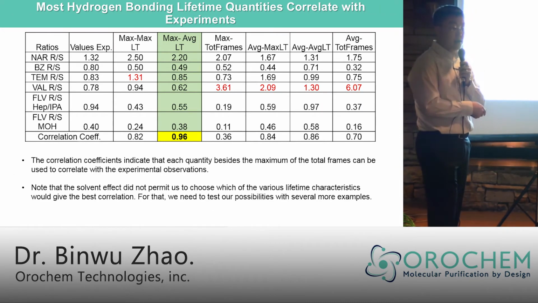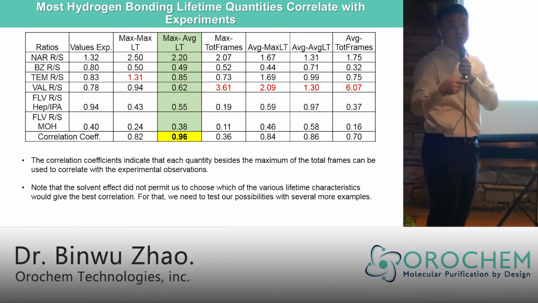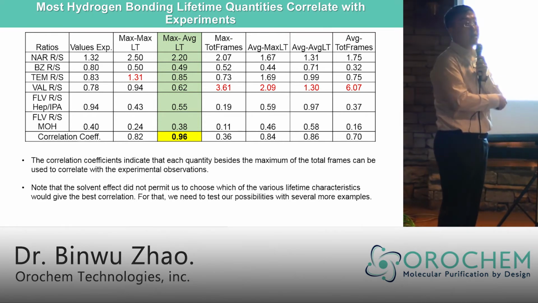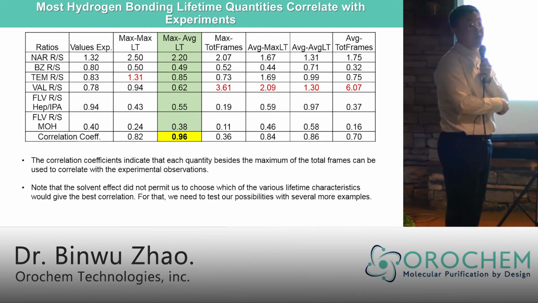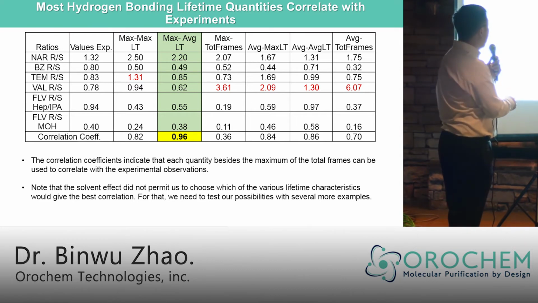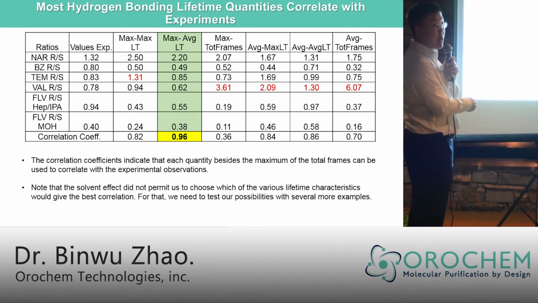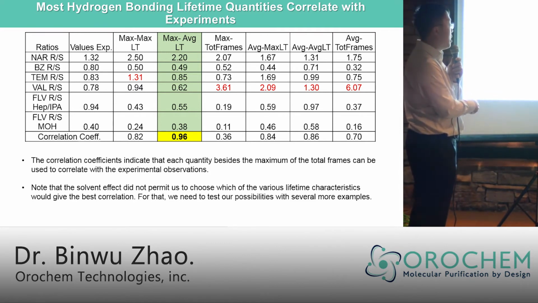So we further extended our chiral drug library by investigating more drugs in the library and looking at their lifetime of hydrogen bonds. We calculated all these quantities for the drugs we just introduced: naringenin, benzoin, tetromycyl, valsartan, flavanol in heptane IPA, and flavanol in methanol.